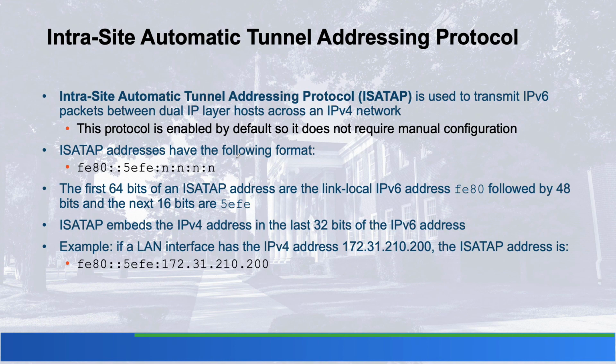ISATAP is used to transmit IP version 6 packets between the dual stack hosts. So when you're running 4 and 6 on a Windows machine, you can route version 6 traffic between 2 computers over the 4 network. But you'll only see that on Microsoft boxes, two Microsoft boxes talking to one another.